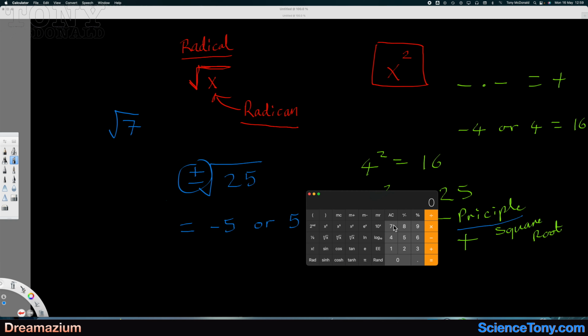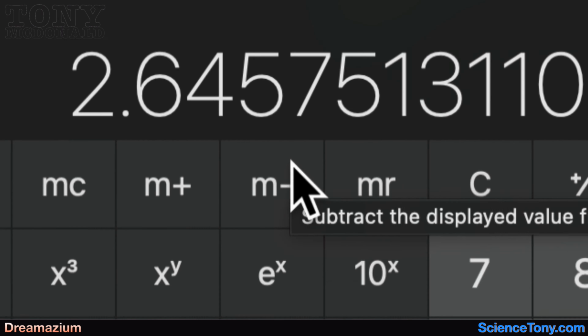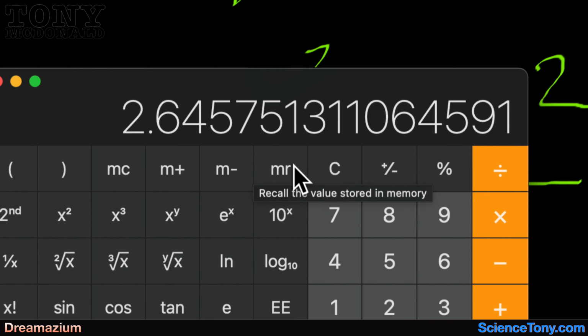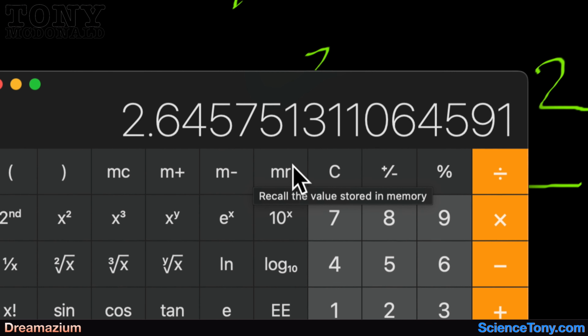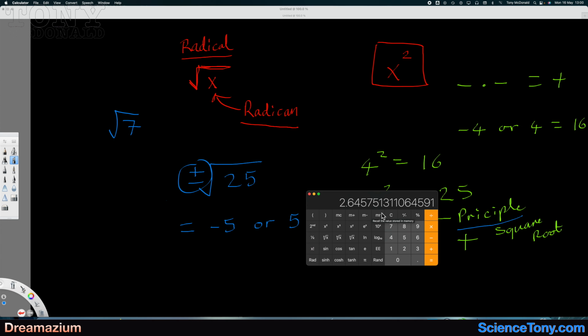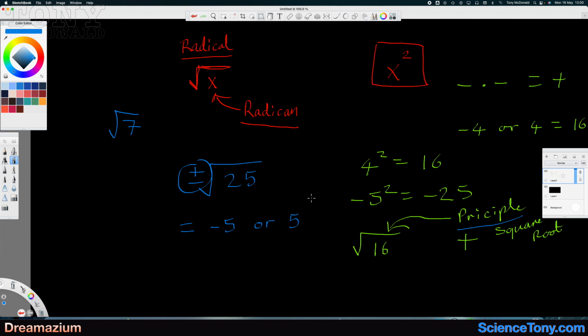If I take the square root of 7, it comes up with this big answer here. If we zoom in, can you see that? It's just that it's got a lot of digits in it. So that's not a perfect square. For the moment, we're just going to be interested in perfect squares.